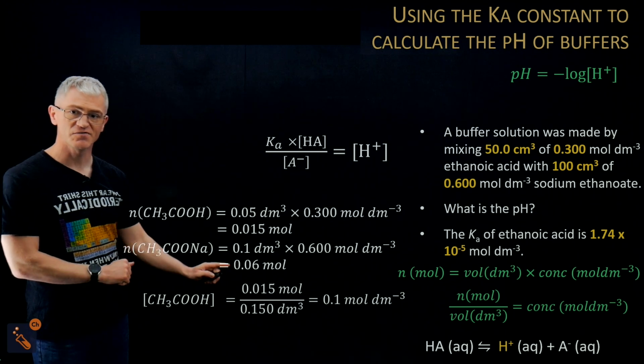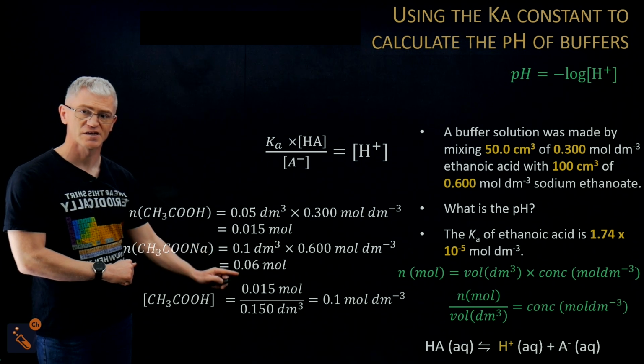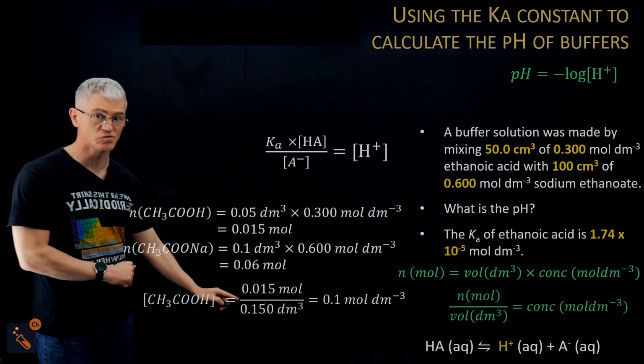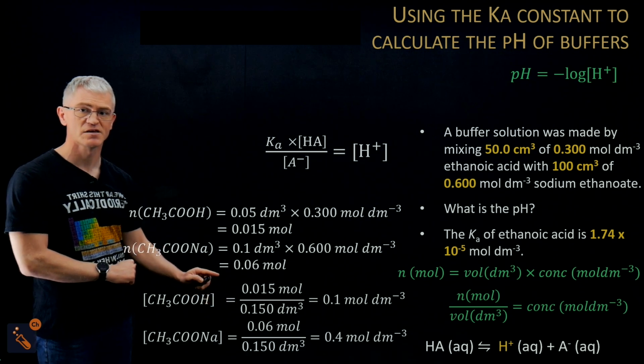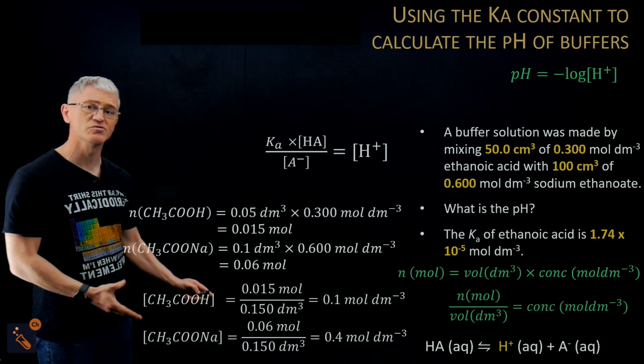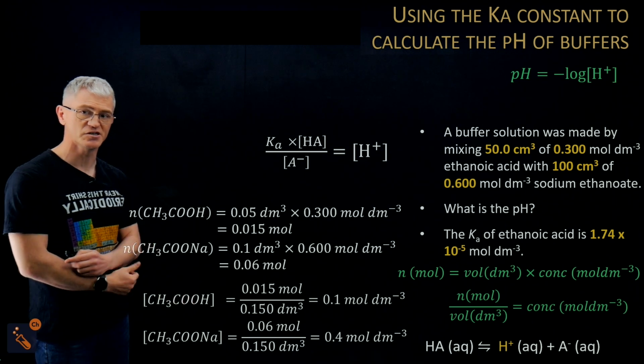So we take our number of moles divided by our new volume, which is 150 centimetres cubed, or 0.15 decimetres cubed, and we have the other one here. So we've got our new concentrations of our HA and our A minus.